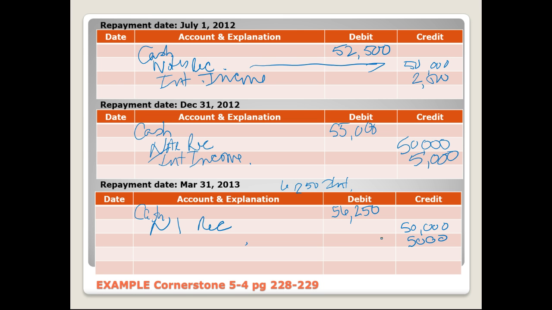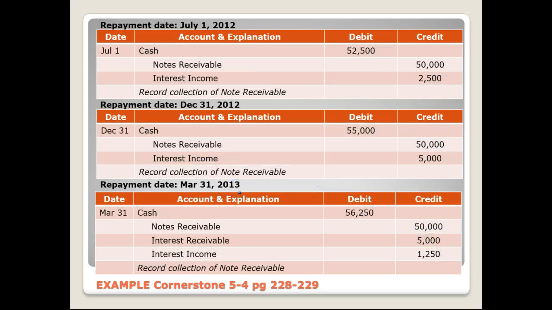Now we can clear that receivable. And we only have the 2013 interest income of $1,250. That's the only bit for 3 months worth, January, February, and March of 2013. That's the only bit that is current income. It's all nice and neat right here.